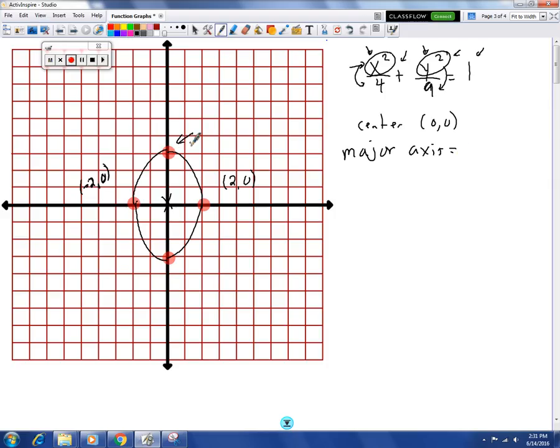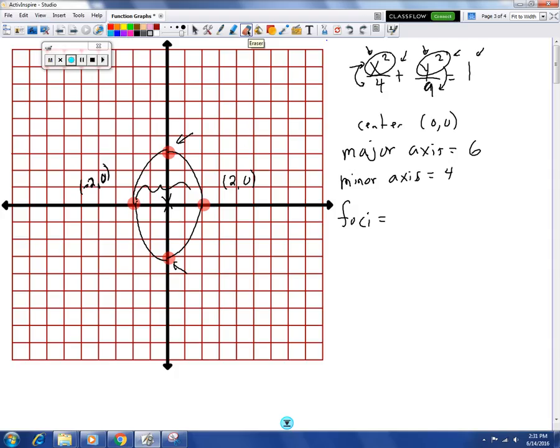That means the longer way across is 6 units. If we have a major axis, we have a minor axis. What's the length of the minor axis? Well, from here to here, that's 4. And really we also can measure eccentricity, but I'm not going to measure that. I'll describe that today. It's just a measure of how flat an ellipse is.